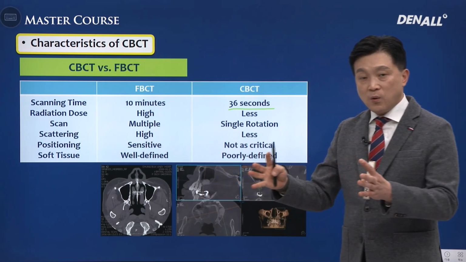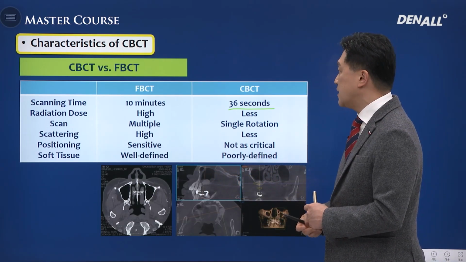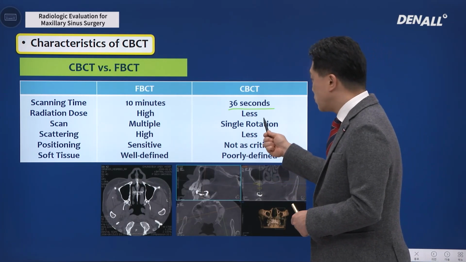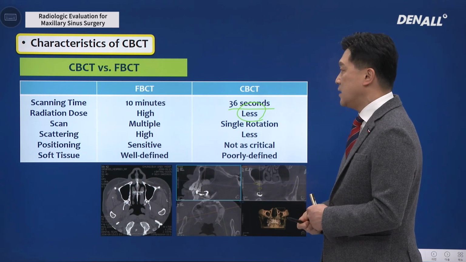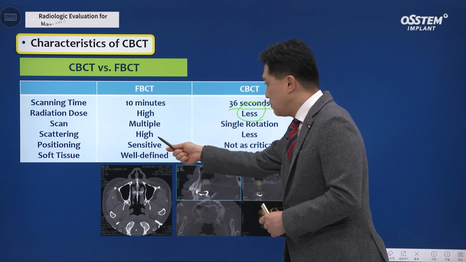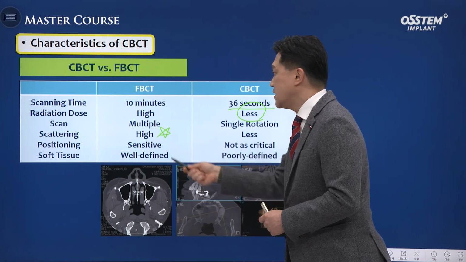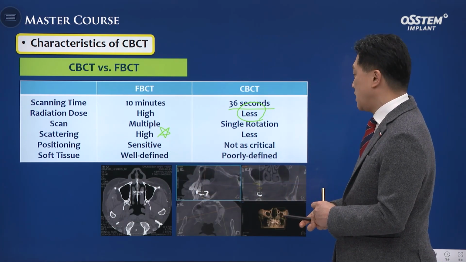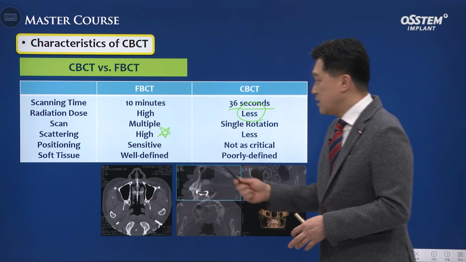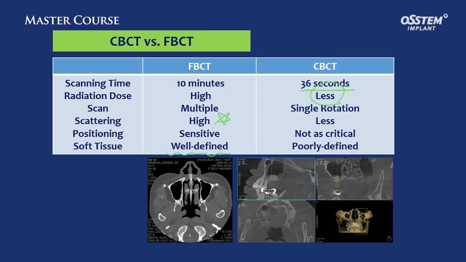FBCT needs to scan everything, but because CBCT is the cone shape, scan time is very short. Because images can be taken within a short period of time, the amount of radiation is much less compared with FBCT. There's more scattering with FBCT because the level of radiation dose is higher. However, with FBCT, you can see soft tissue more clearly. Comparatively, CBCT has poorly defined soft tissue.